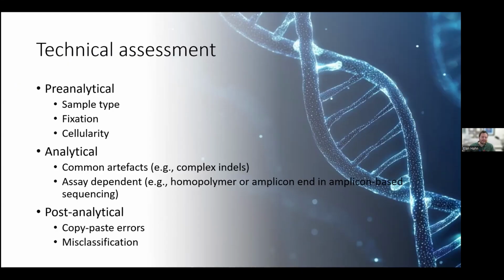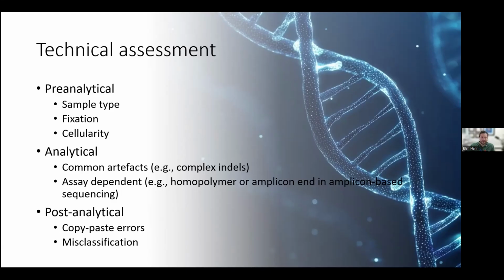So technical assessment, it's a lot of what we spoke about previously. There are pre-analytical factors like the sample type, the fixative used, the length of fixation, the cellularity of the specimen. Because let's say you see a variant allele frequency of 3%, but your tumor cellularity at the time of circling, the pre-analytical factor of cellularity, was much higher, 80, 90%.